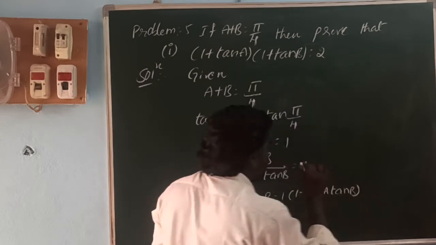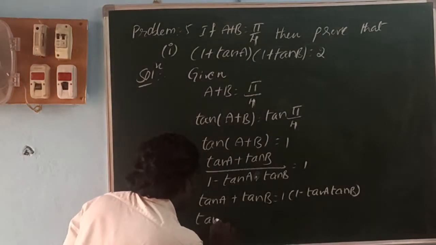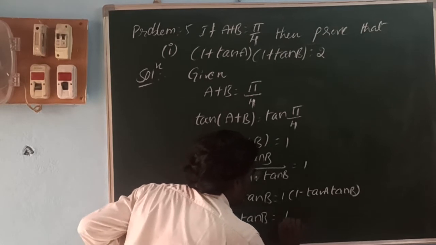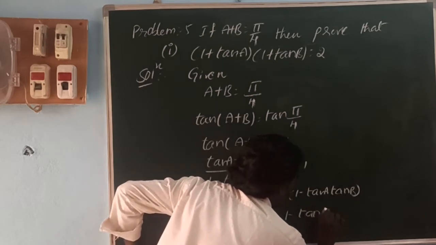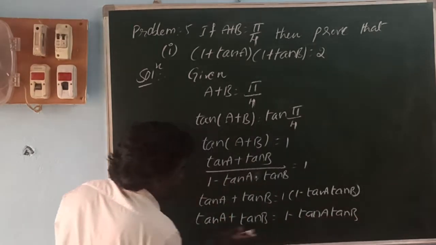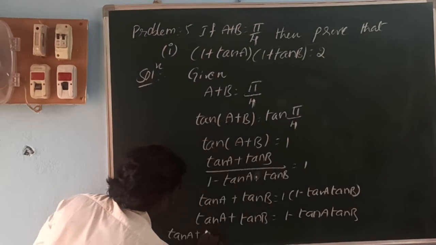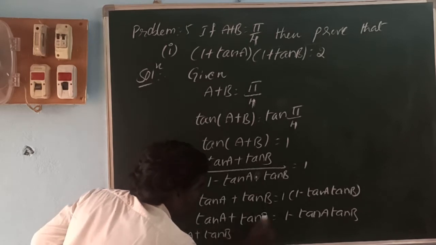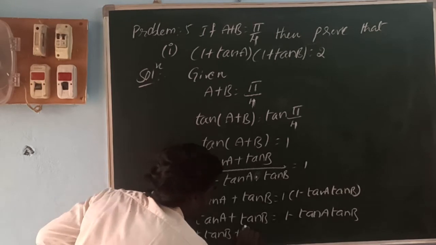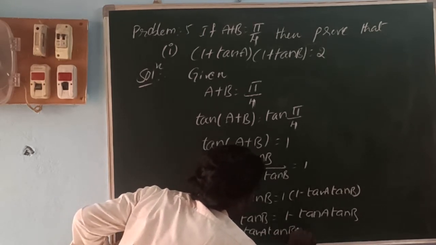So 1 multiplied with anything gives the same. So tan a plus tan b is equal to 1 minus tan a into tan b. Minus tan a tan b comes to the left side, what happens? Plus. So tan a plus tan b plus tan a tan b is equal to 1.